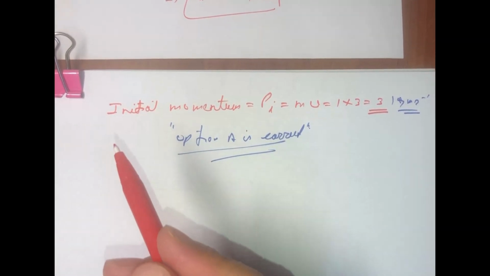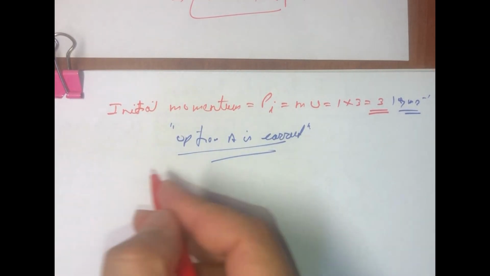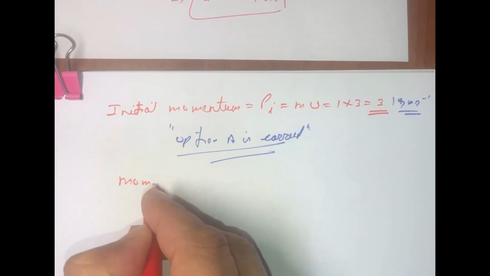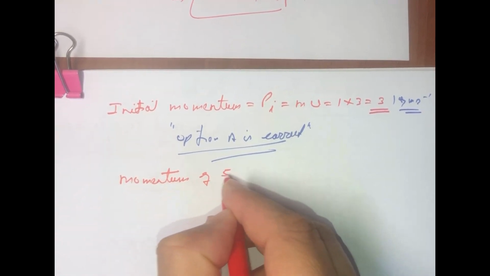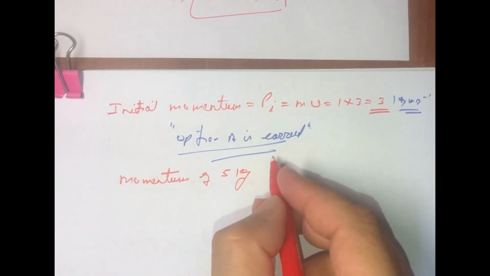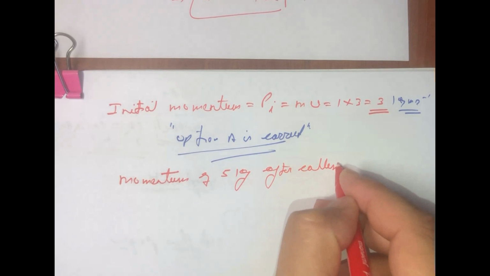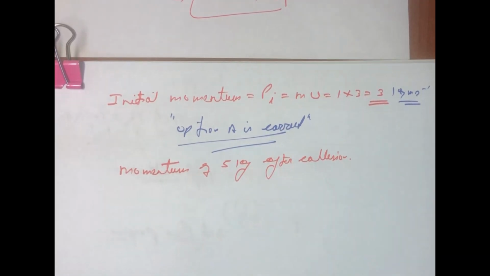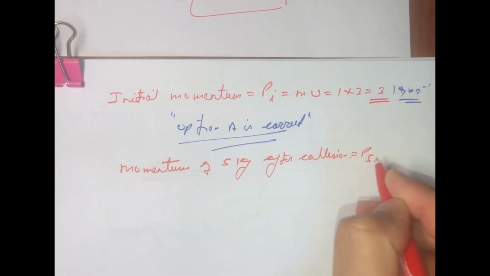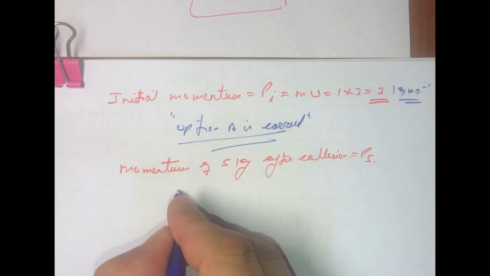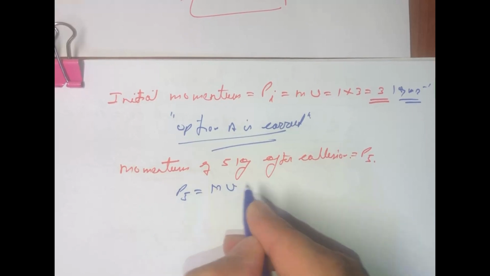Next, let us verify the B part. The momentum of the 5 kg mass after collision, let us write it as P5, is equal to mass multiplied by velocity v.